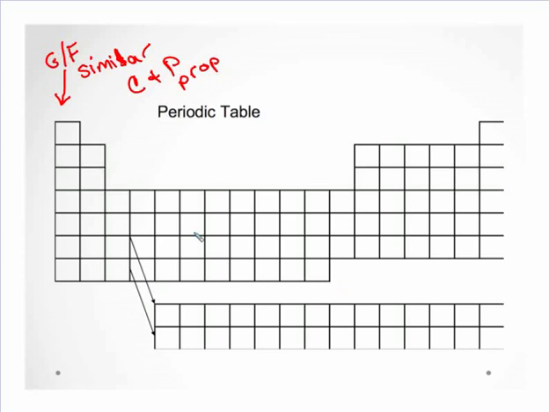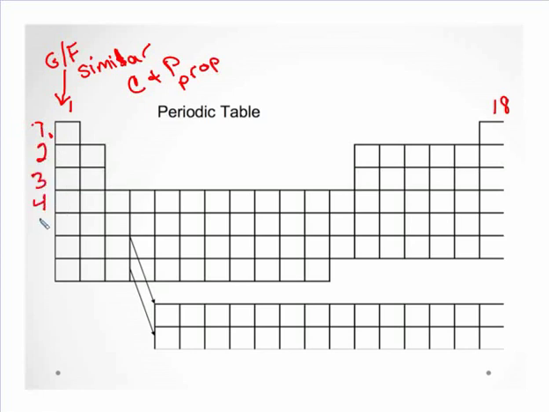acting and responding. Now, periods go across this direction, and we have 18 groups, depending on how you count them. They may not be numbered 1 through 18, but that's how we would count those groups. The periods are numbered down. I want to show you where the lanthanide and actinide series at the bottom shows up.